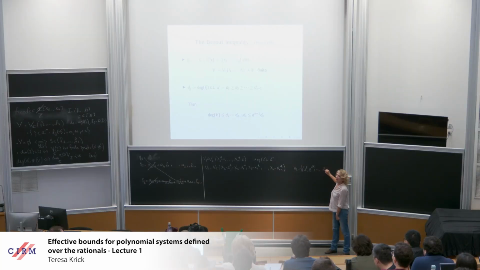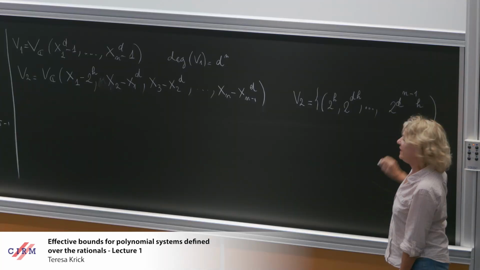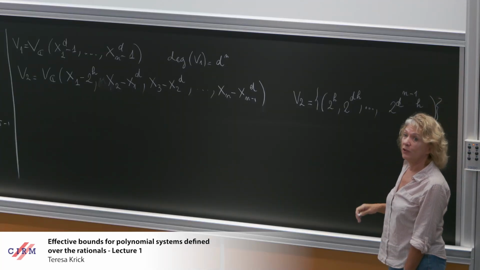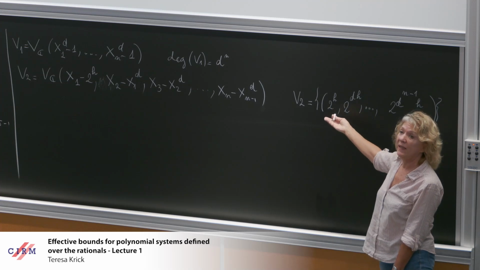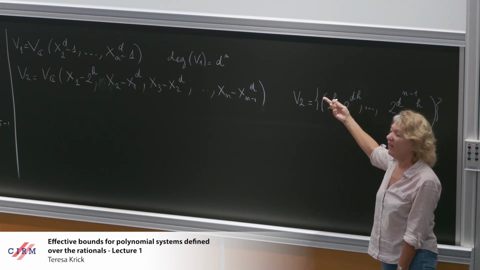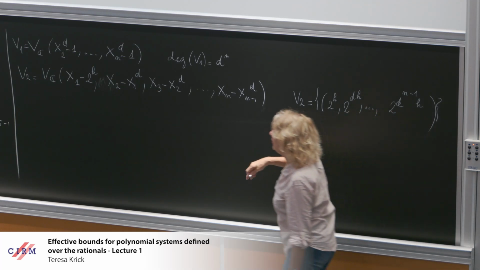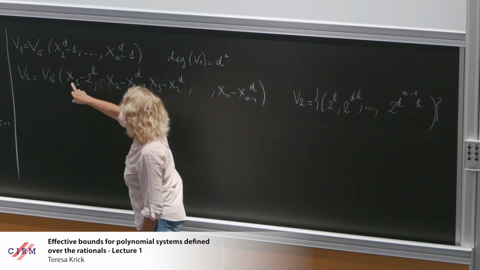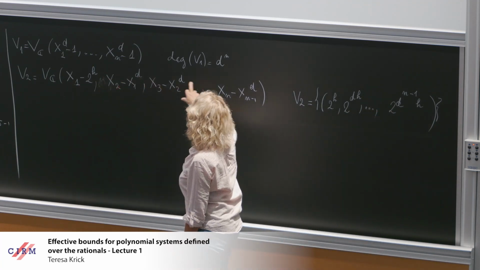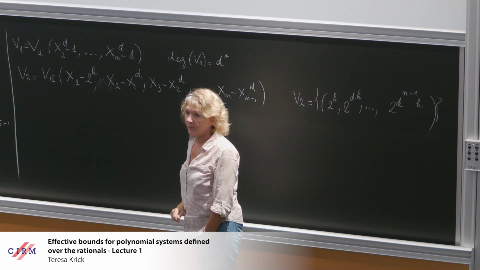So this is the only point in this variety. So in this case, the Bézout inequality is really strict. There is only one point in the variety, and here the Bézout bound would be 1 times d to the n minus 1, okay?